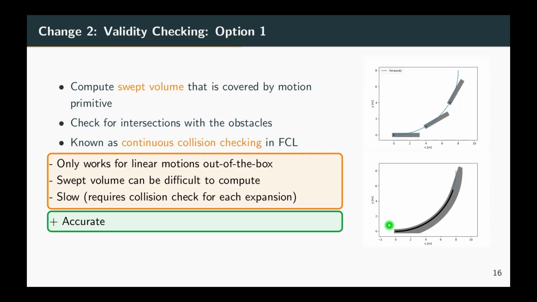If you traverse on a line, it can do it for you. Anything else, it doesn't support out of the box. If you want to do it yourself with swept volumes, it can be difficult, and it might be a concave object, which you then need to typically convexify again in order to get fast convergence. But the advantage of this method is that it's fairly accurate.